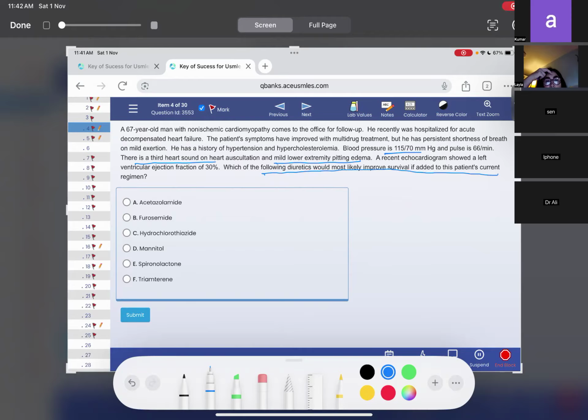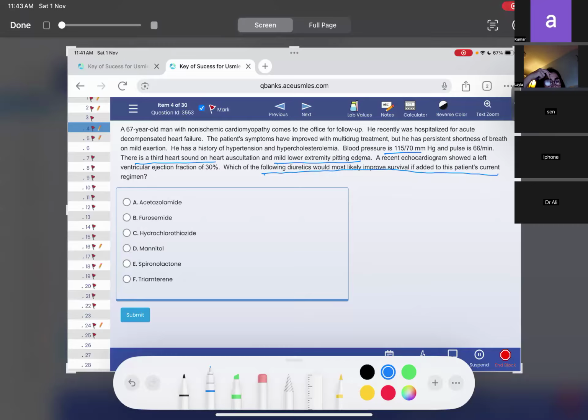Let me tell you the scenario, and then some of the drugs that are usually given to patients with heart failure with reduced ejection fraction. A 67-year-old man with non-ischemic cardiomyopathy comes to the office for follow-up.